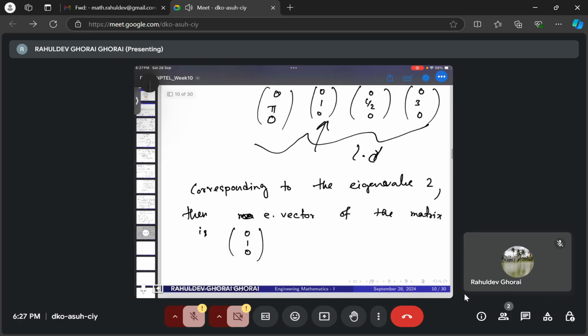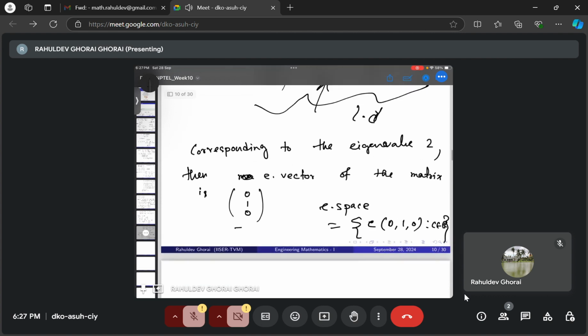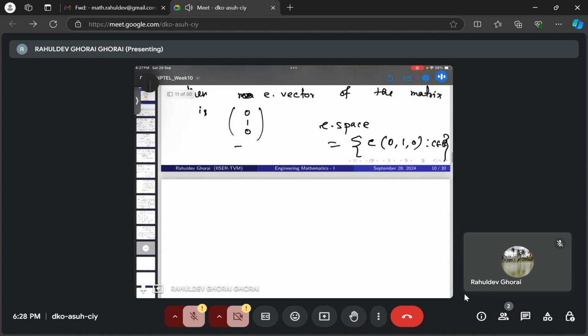That's enough. But the eigenspace is the space generated by this vector, that is, C times (0, 1, 0), where C belongs to R. So this is one eigenvector.